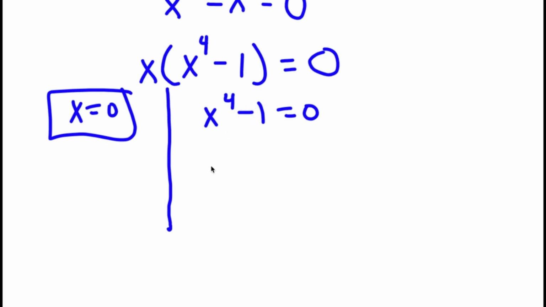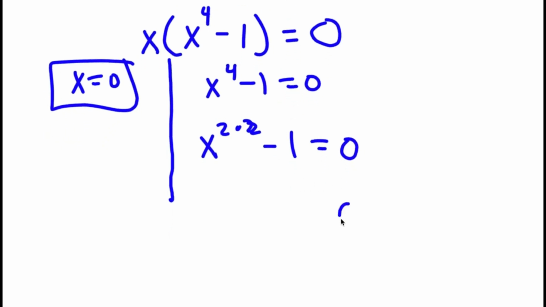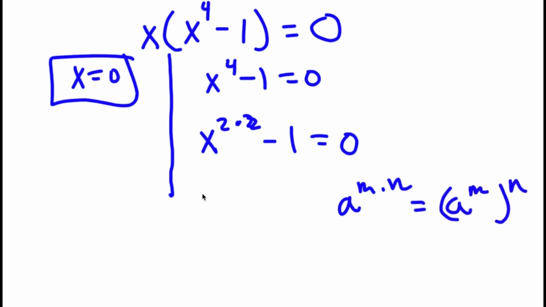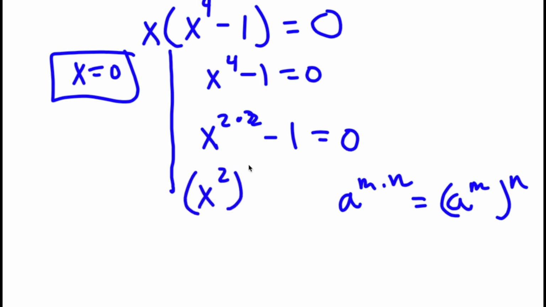Well, x to the power of 4, that's the same thing as x to the power of 2 times 2. And if I have something in the form a to the power of m times n, this is equal to a to the power of m to the power of n. So x to the power of 2 times 2 is x to the power of 2 to the power of 2, minus 1, which is the same thing as 1 squared.